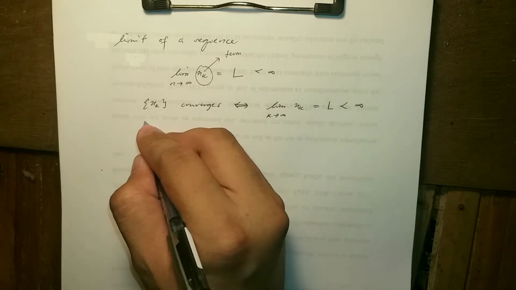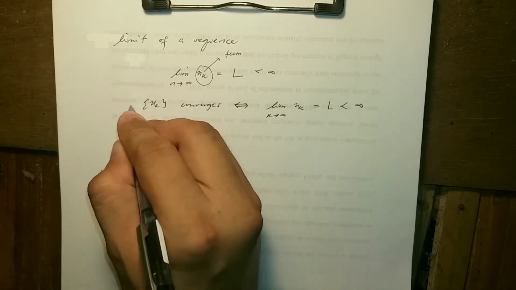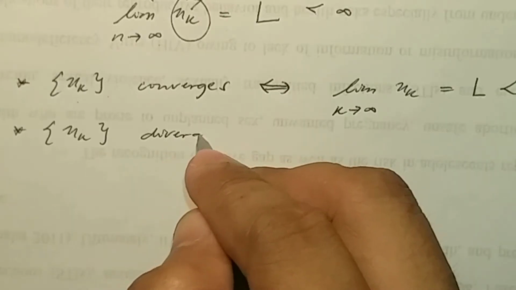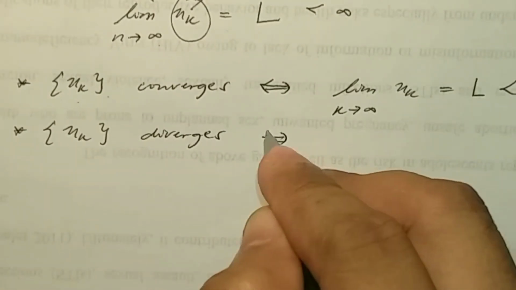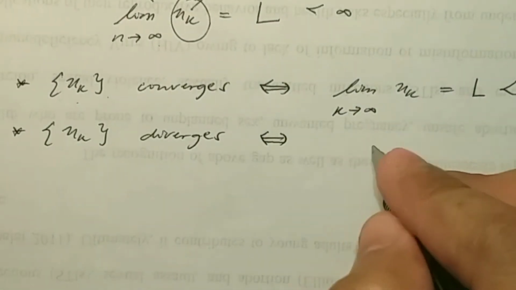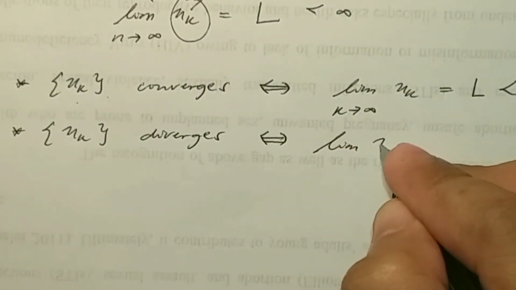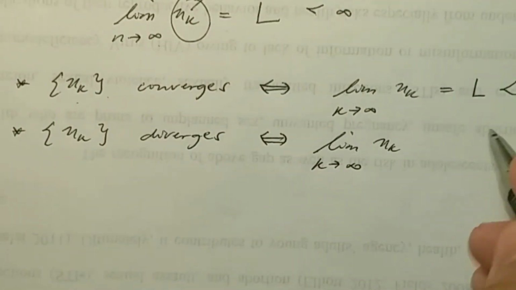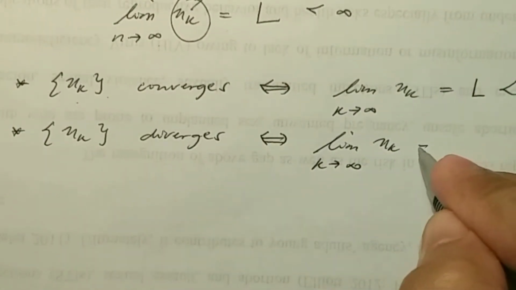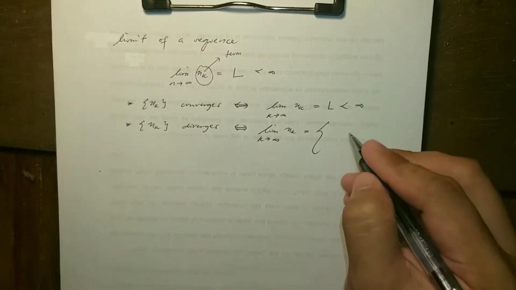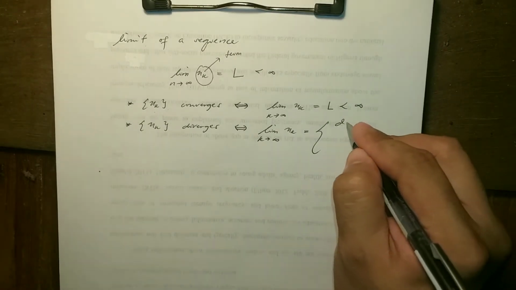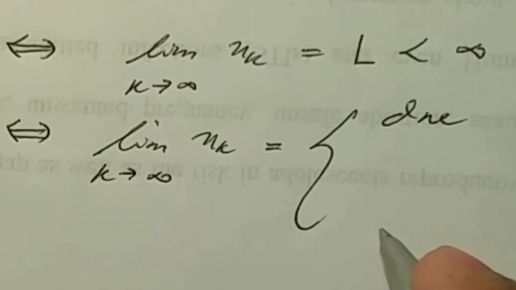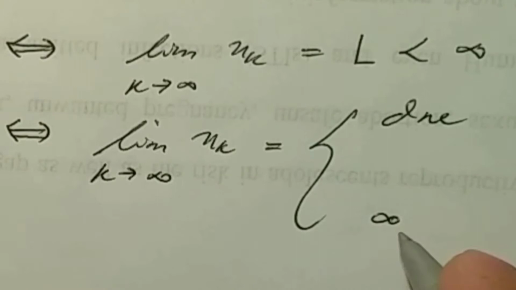And then we say that uk diverges if and only if the limit of uk be either of the following. So does not exist, so DNE, or infinity.